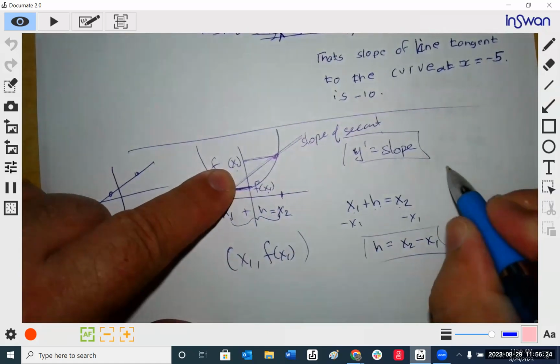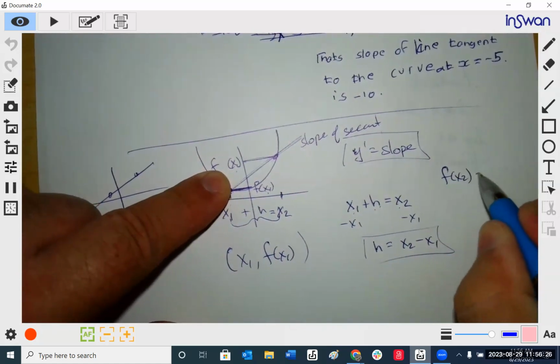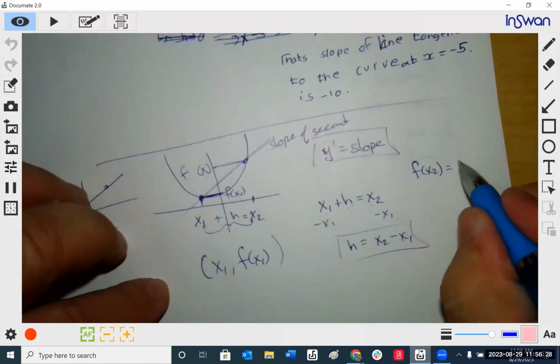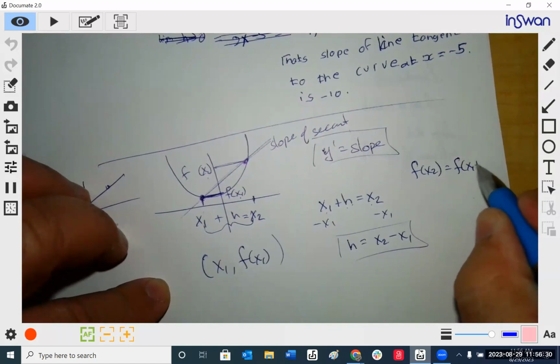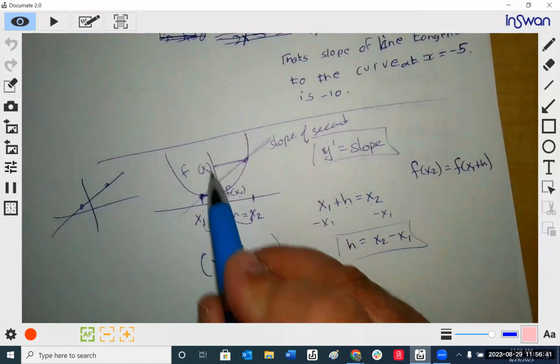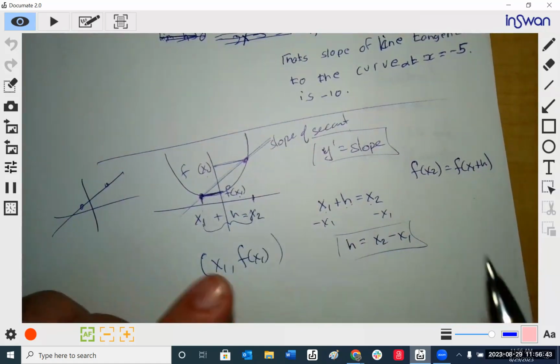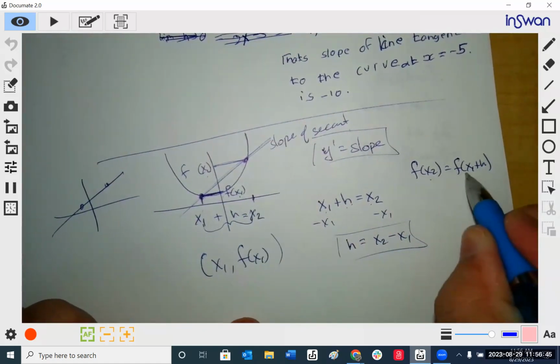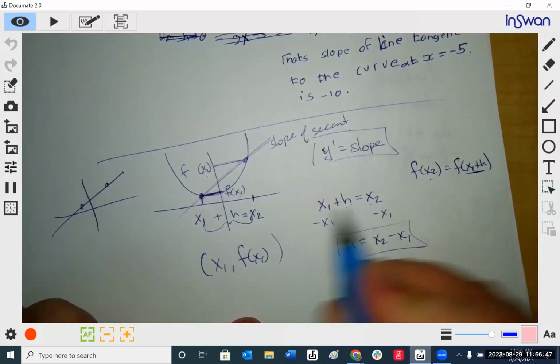F of x2 equals f of x1 plus h. Follow me so far? All I did was redefine x2 in reference to x1.